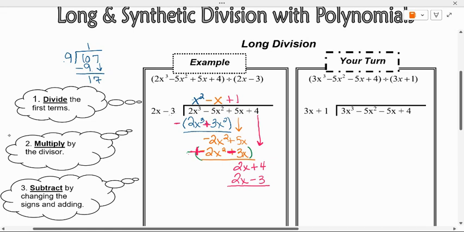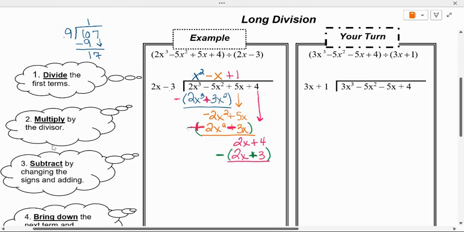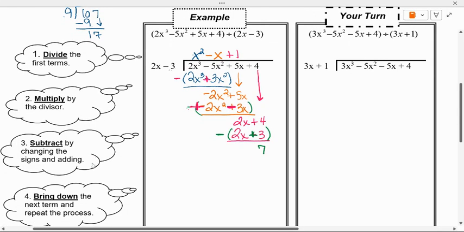But remember, we're subtracting these. So when I subtract, this becomes a negative 2x, and this turns into a plus 3. 2x minus 2x is 0. That's what I want. And 4 plus 3 is 7. This is my remainder.